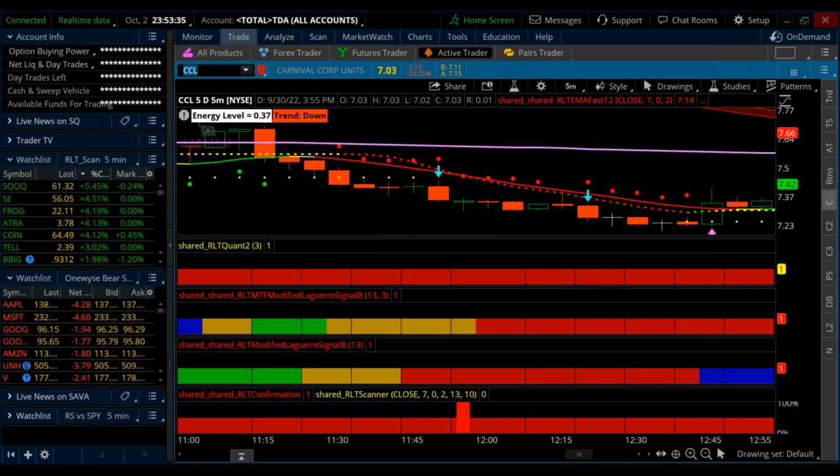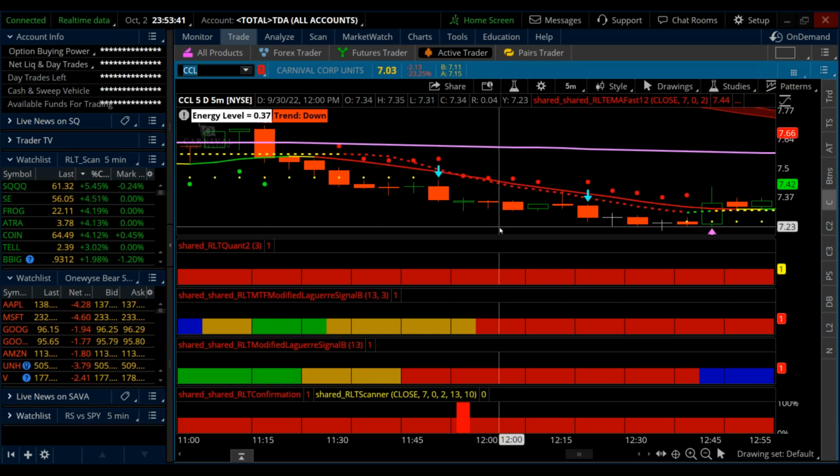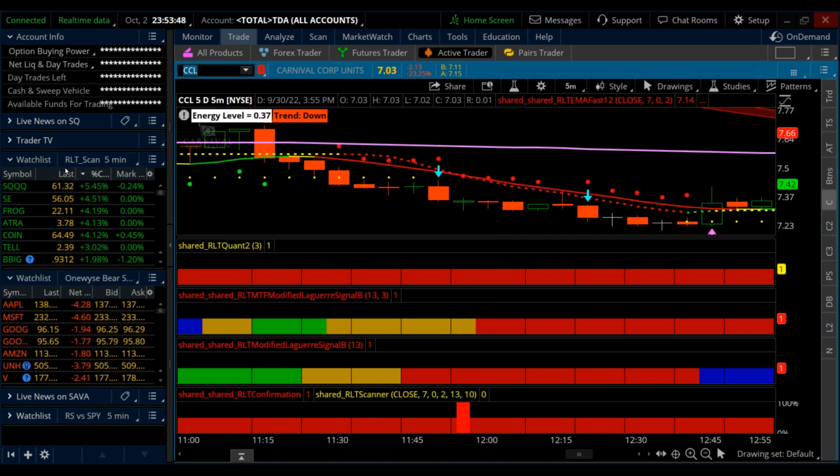Again, this is the compass system that tells us whether the institutions are in the trades or not. It's extremely important. It gives everybody a huge edge over the other retail traders. We have a nice scanner that's scanning, looking for high probability trade setups, either on the 5-minute or the daily, depending on whether you want to be swing trading.